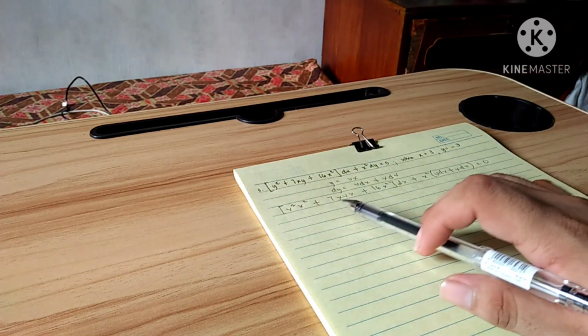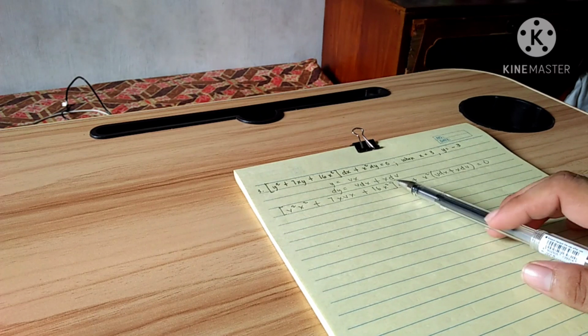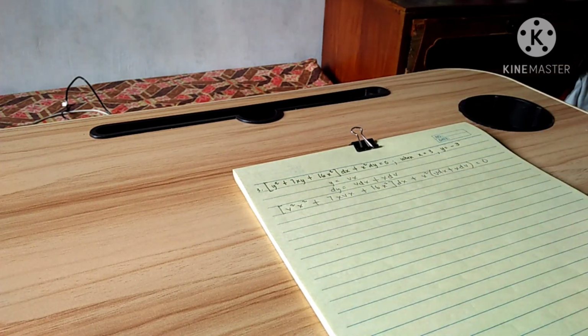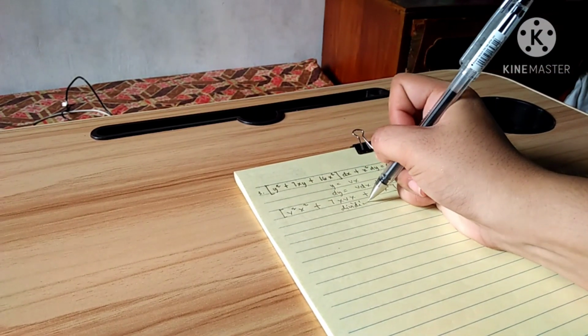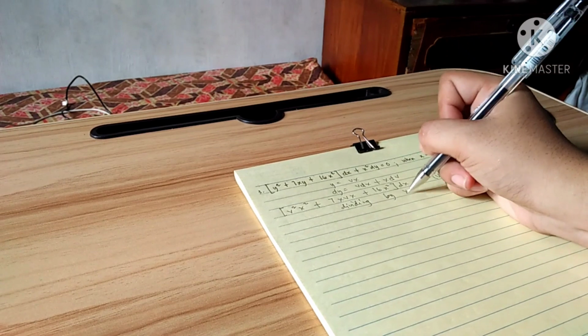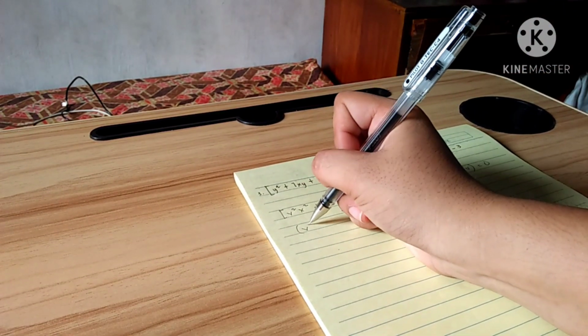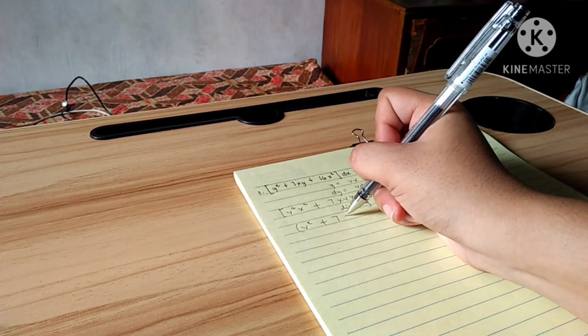So, nakikita naman natin dito na madaming similar terms or common terms yung x squared. So, we divide all the terms by x squared. So, dividing by x squared, we have v squared plus 7v.